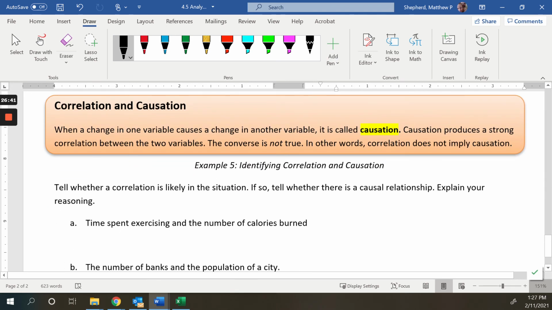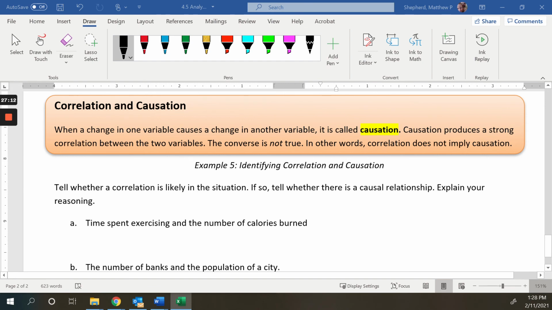Now, this is a common one to talk about, correlation versus causation. Whenever you hear people talking about a recent study and they said there's been a correlation between this and this, one of the first things someone will inevitably shout is correlation is not causation. This is true, but it's only part of the story. Correlation still indicates that there's a relationship there.